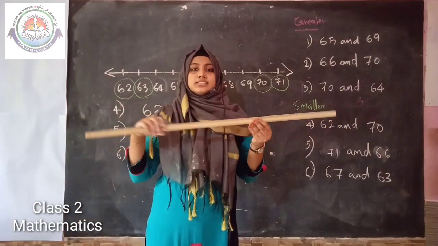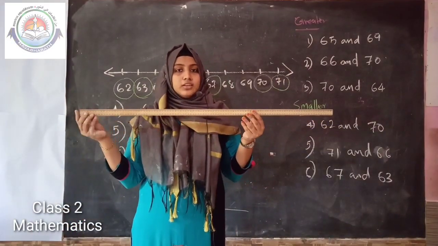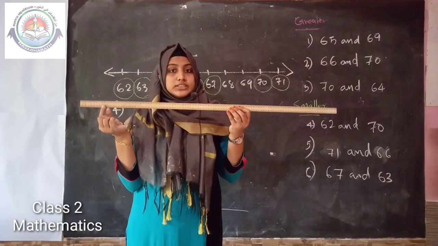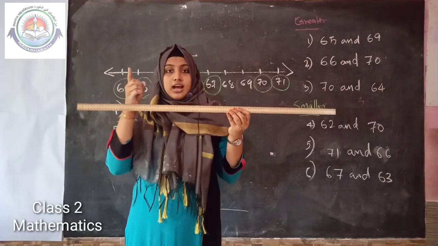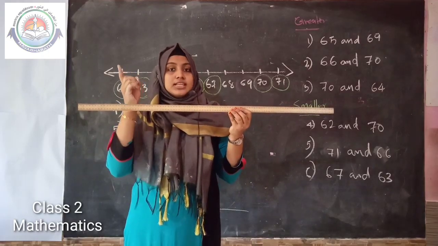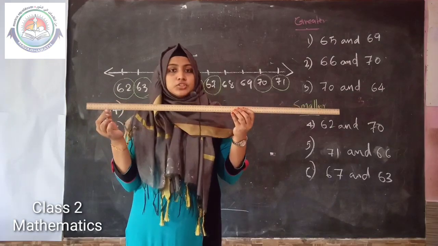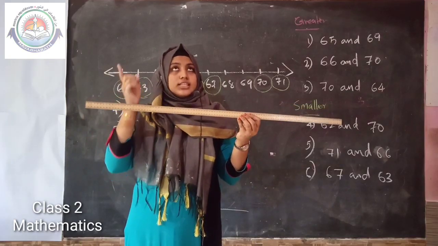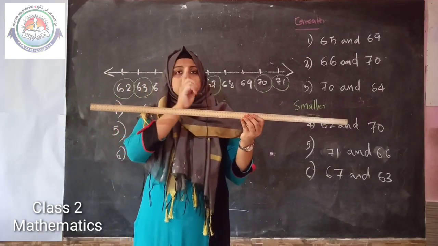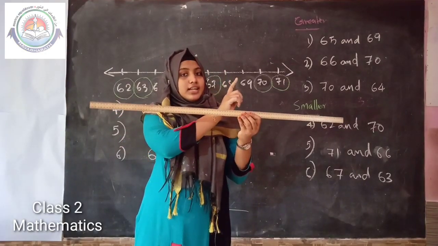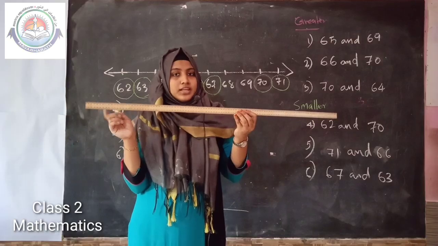Imagine this is your number line and you start with 25. Starting from 25, 26, 27, 28, 29, 30, 31 and 32.